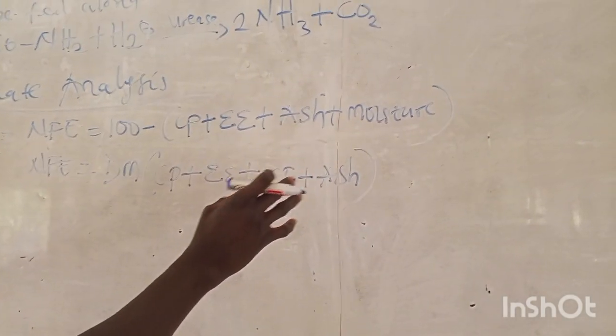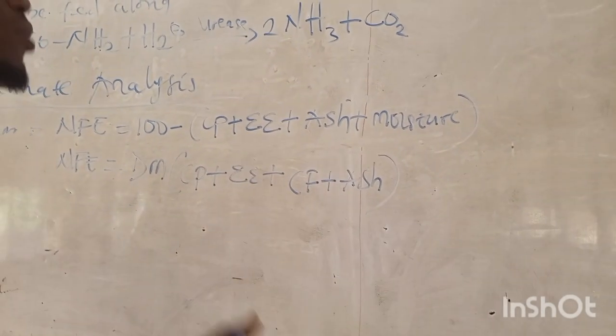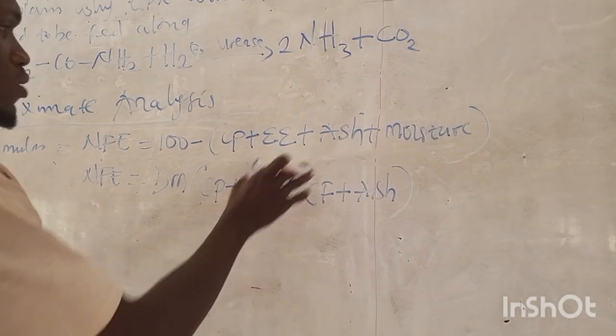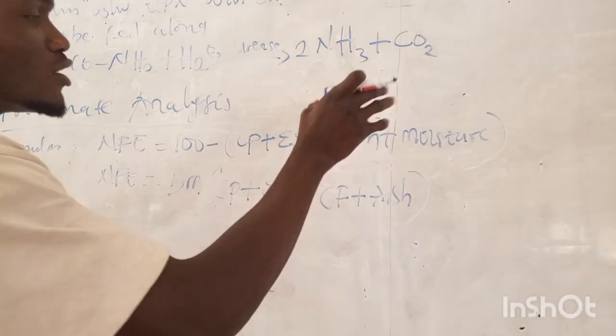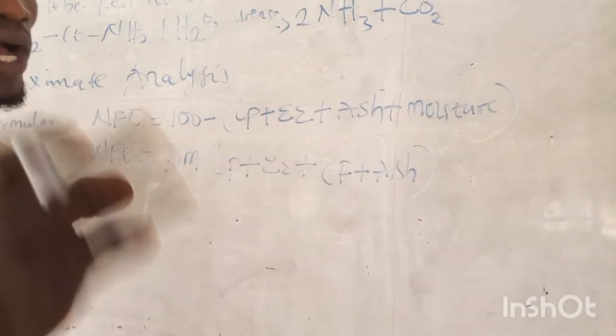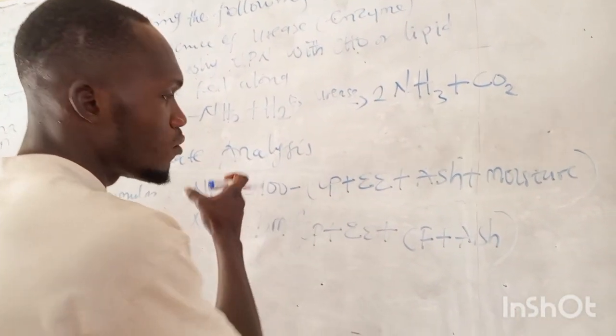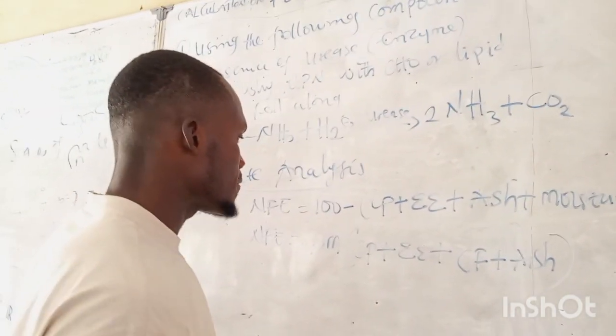When they lose the moisture content, they won't look fresh like that anymore. So in the same way, we use proximate analysis to calculate both the moisture content and dry matter content. That's why I mentioned dry matter content and moisture content when I was defining what exactly proximate analysis is.